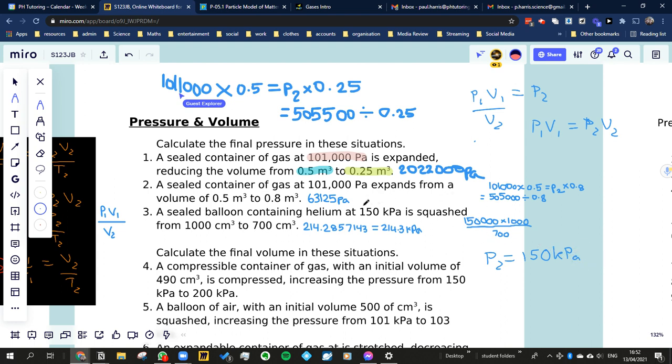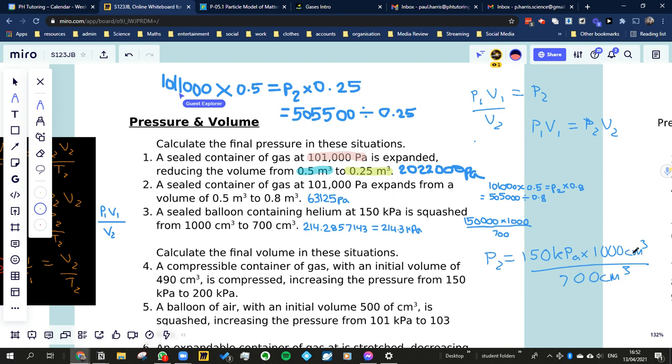So I'm not going to convert any units actually. I'm just going to write that multiplied by V1, and it went from 1,000 centimeters cubed, all divided by 700 centimeters cubed.